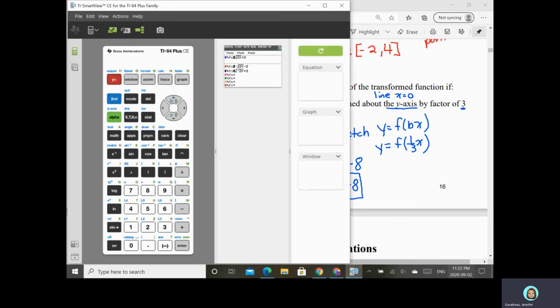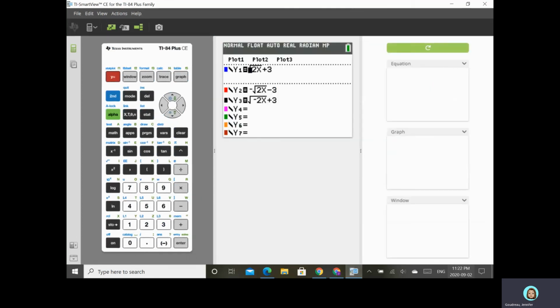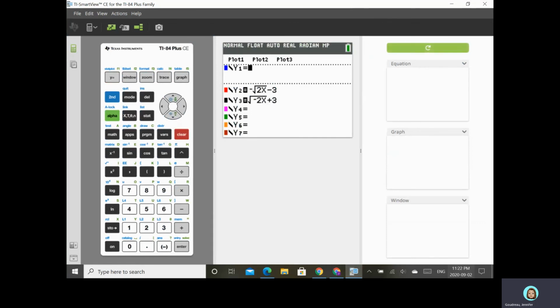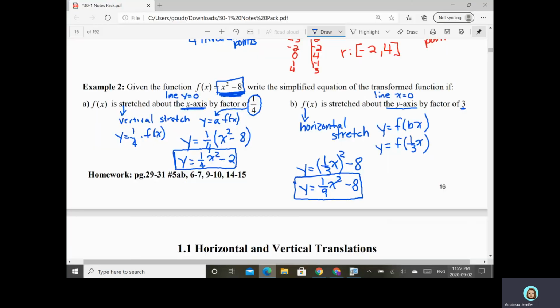Now, let's do what we did with stretches, and let's just graph all of those three so we can see what it is that we are talking about. So let's clear this out and put those three things in there. So f at x, our original function, was x squared minus 8.